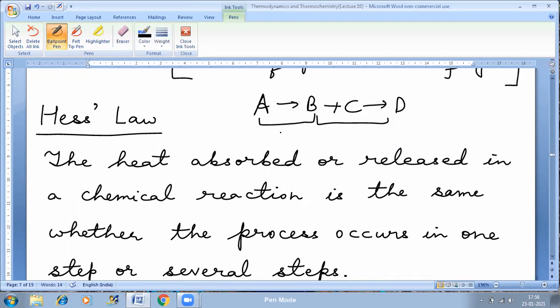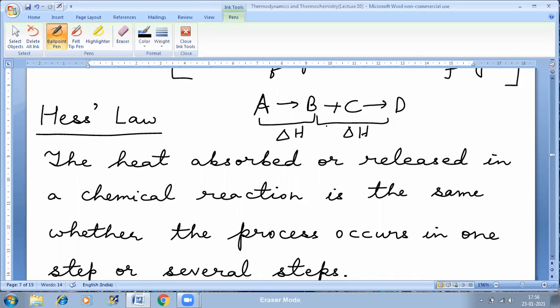If I take delta H of the first and delta H of the second and add up, then I can say that the total delta H is the heat released or gained when A would form D directly.